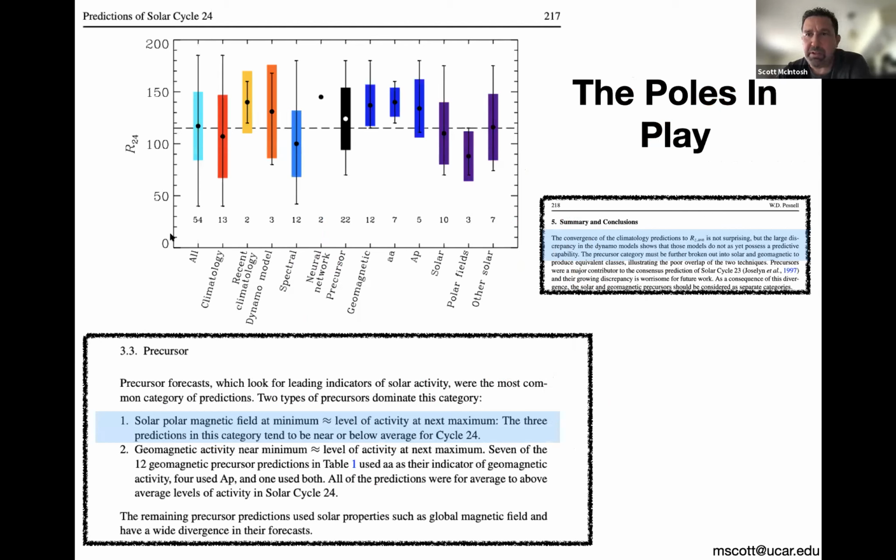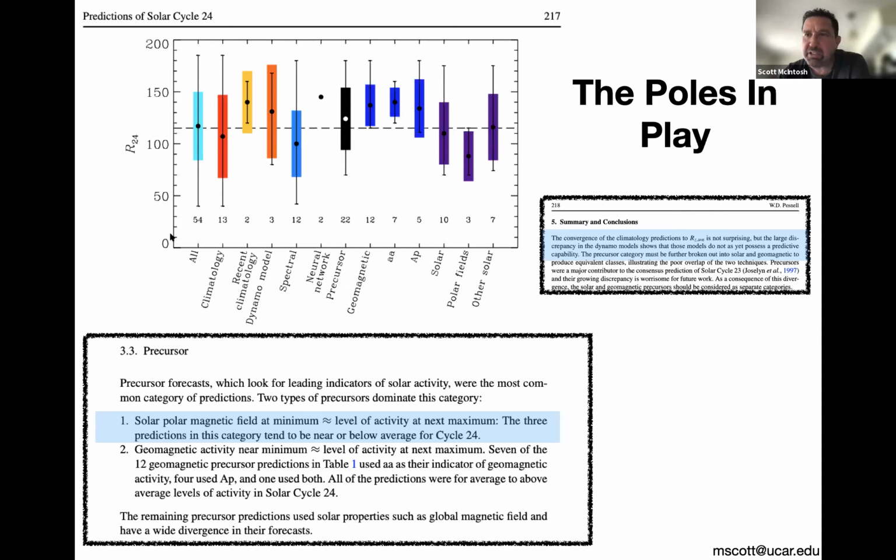Now we come into another piece, which is actually pretty important. One of the most accurate of those forecasts actually started to look at the evolution of the sun's polar magnetic fields. It's pretty interesting because it's very tricky to measure the sun's polar magnetic fields, and one observatory on the ground has been measuring them steadily since 1974.